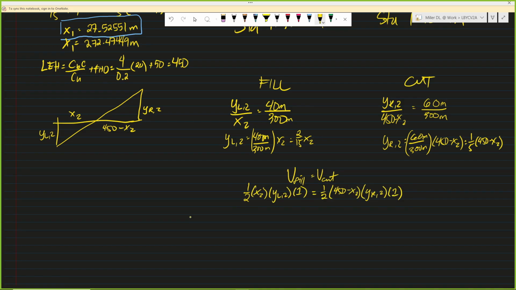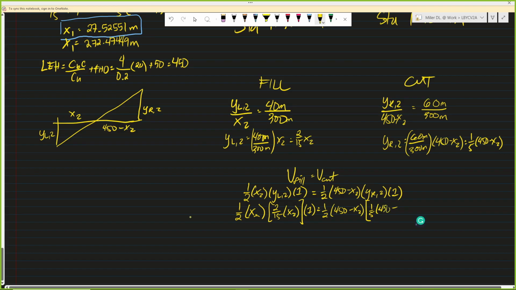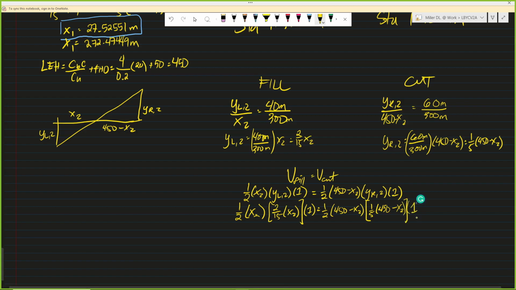Then, substitute. So, this would be 1/2 x sub 2. Yung YL2, gawin natin 2/15. 2 over 15 x sub 2 times 1 unit is equal to 1/2 of 450 minus x sub 2 multiplied by 1/5 of 450 minus x sub 2 multiplied by 1 unit.